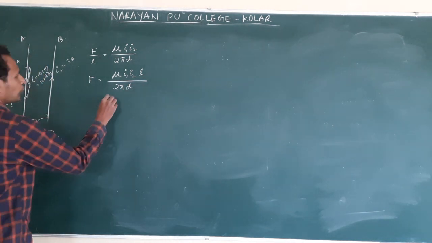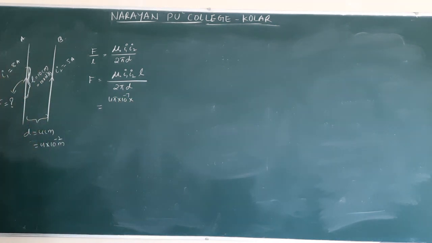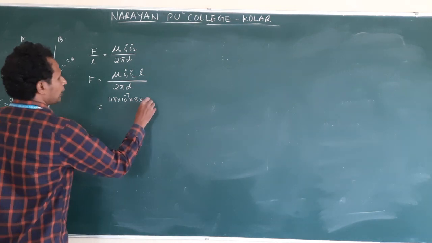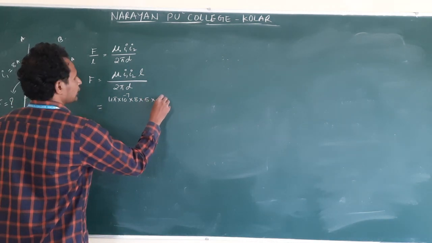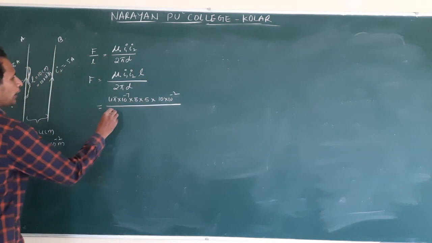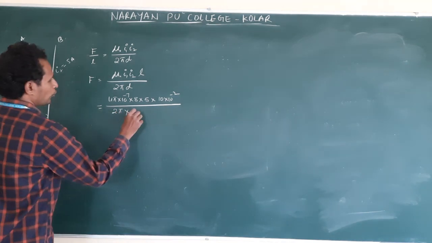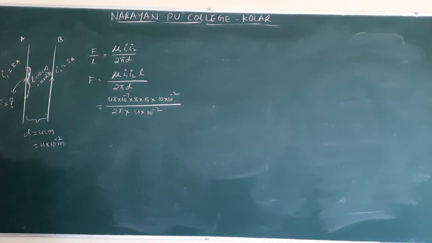Mu naught value 4 pi into 10 power minus 7, I1 value 8 ampere, I2 value 5 ampere, length of section given 10 into 10 power minus 2, by 2 pi, separation given as 4 into 10 power minus 2.